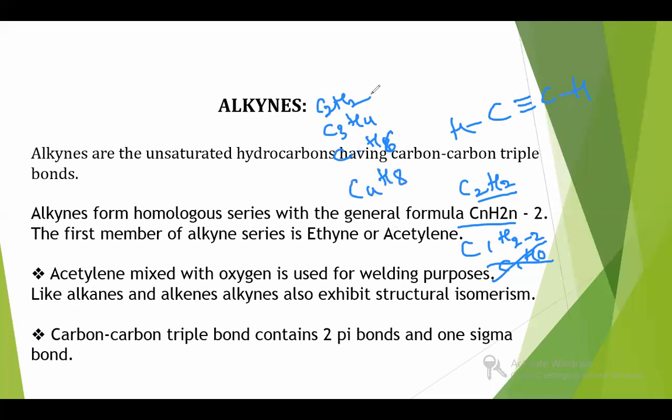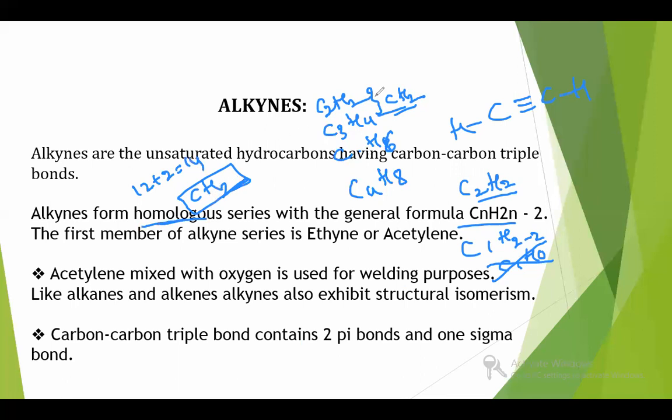The difference between ethyne and propyne is 1 carbon and 2 hydrogen, that is CH2. 12 plus 2 is equal to 14 units. This is called a homologous series.